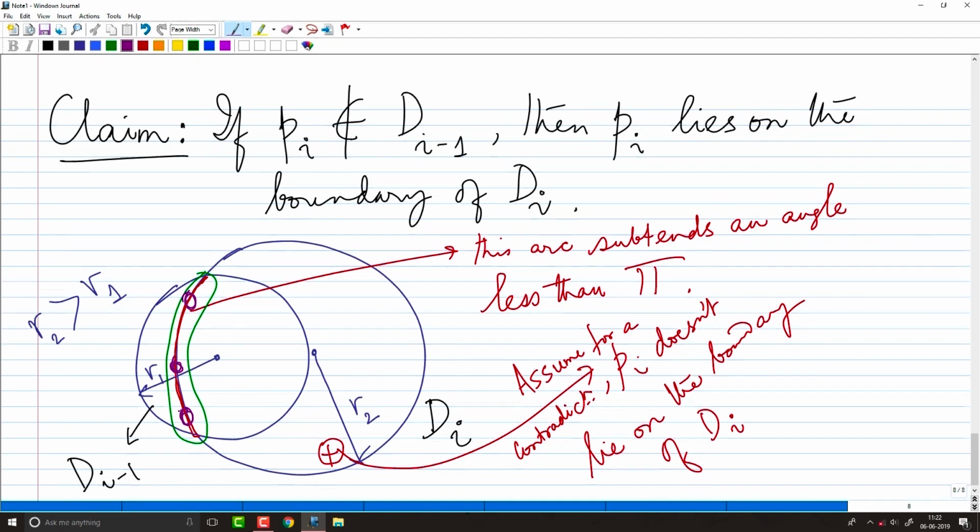Right, they have to lie within Di minus 1 and has to be on the boundary of Di, and that is the only zone they can be. Now, look at this arc.